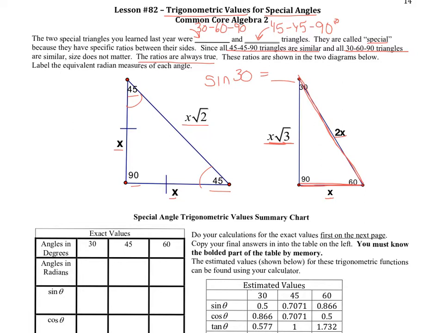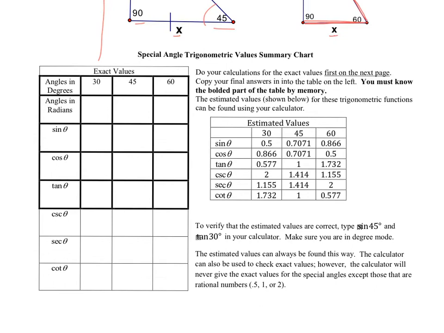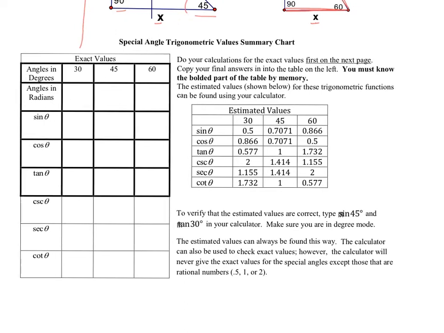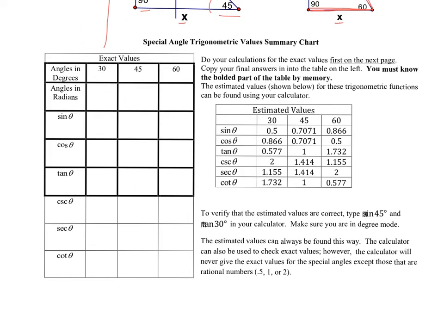So moving up the page, the next thing it said was label the equivalent radian measures of each angle. In this chart, this is not getting into any of the sine and cosine values. Basically, we're going to write down those equivalent radian measures.